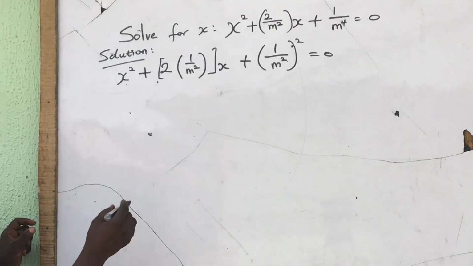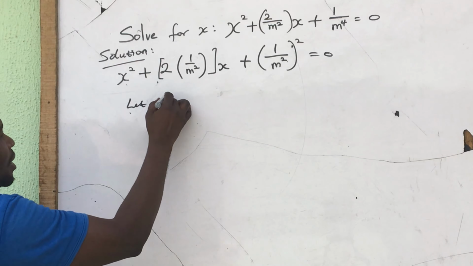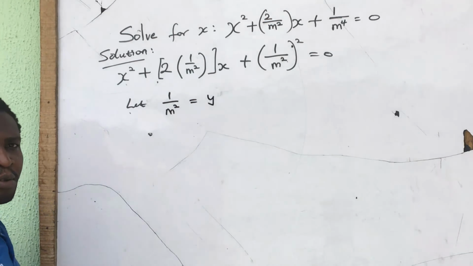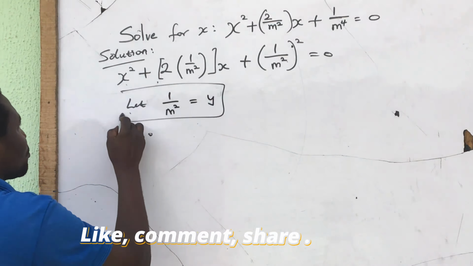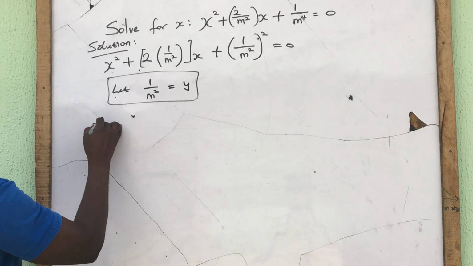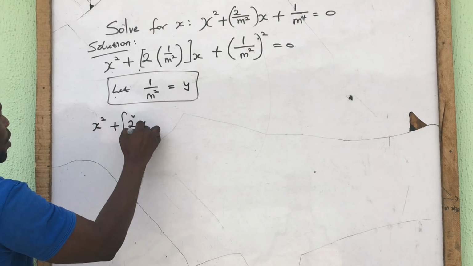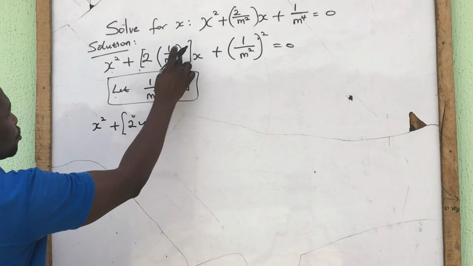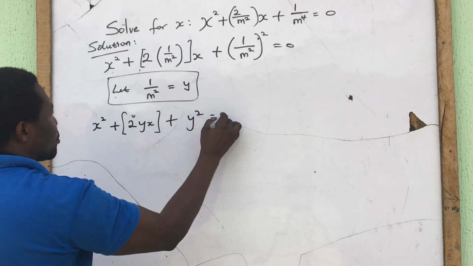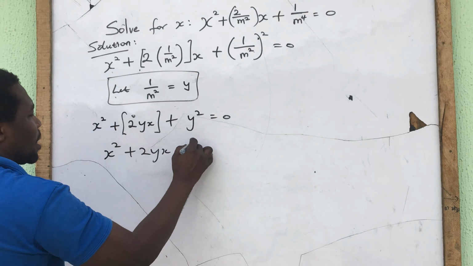So from that, we can easily say let 1 over m squared equal y. So we substitute it in this, that is x squared plus 2yx plus y squared equals 0.